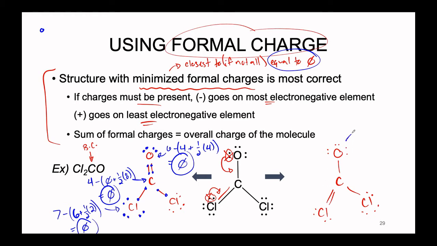All right, so let's start with oxygen again. Oxygen normally has 6 valence electrons. We're going to subtract out from this each of the lone pair electrons, 1, 2, 3, 4, 5, 6. And we're going to add to that 1/2 of all of the bonding electrons, 1, 2. Now here we are going to be taking 6, and we're going to be subtracting 7 from that.